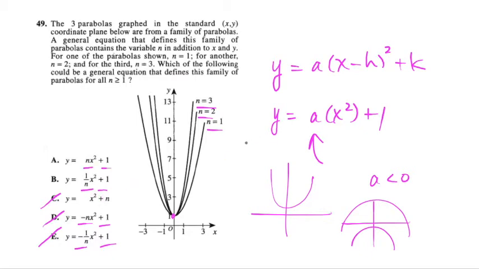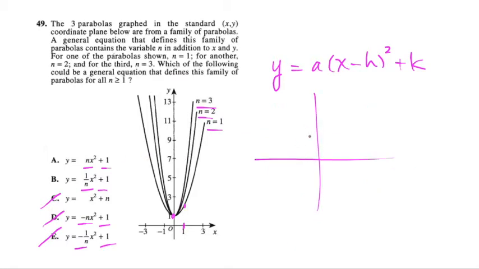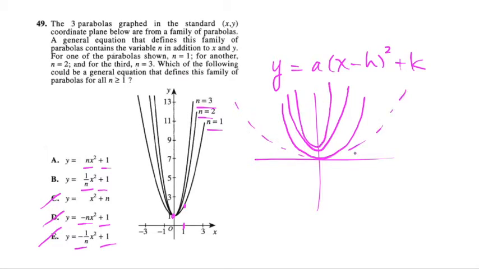The question is, what happens to a parabola as this number increases above 1? How do we know whether a parabola is getting narrower or wider like this? The way that I like to remember it is if that number is getting bigger, that means it's getting further away from 0.